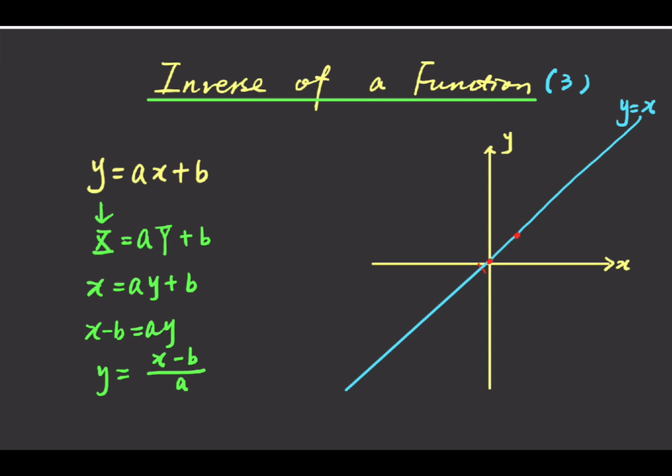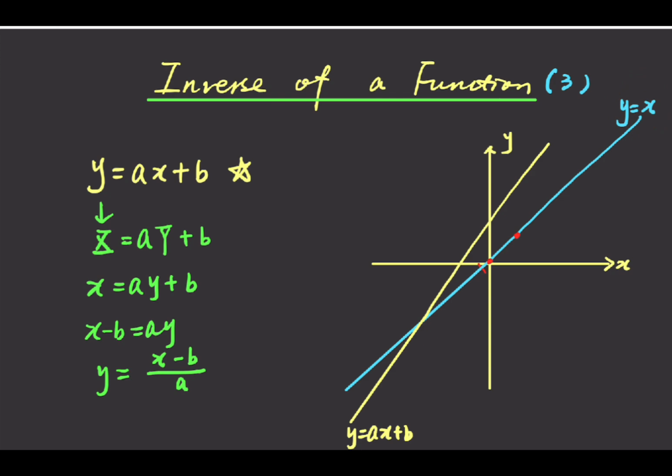Right? If we assume the original function's graph is like this, okay? Y equals ax plus b. Its inverse should be symmetrical over this straight line.